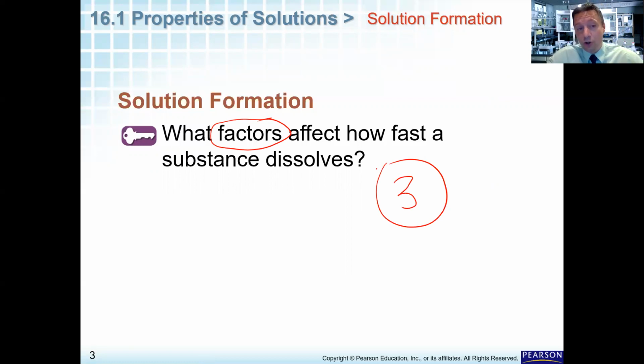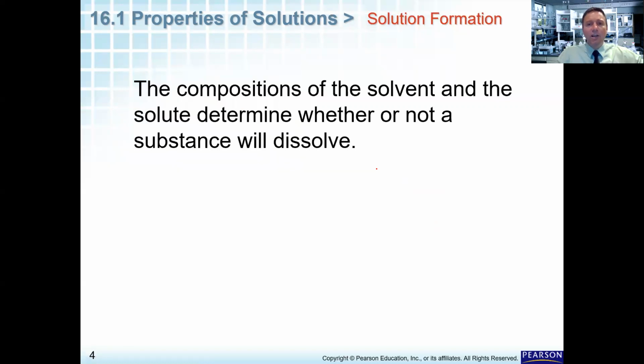Now, in order for it to dissolve, remember, the substances have to be compatible. It has to be like with like, so polar with polar or non-polar with non-polar. But we're not really talking about that aspect of it at this point. We already learned that. We're talking about factors that will affect how quickly something will dissolve. So let's talk about that. Here's what I just said. The composition of the solvent and the solute determines whether or not it will actually dissolve.